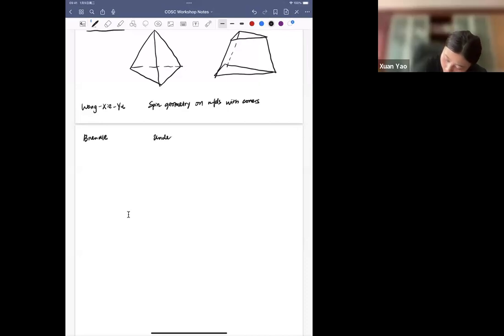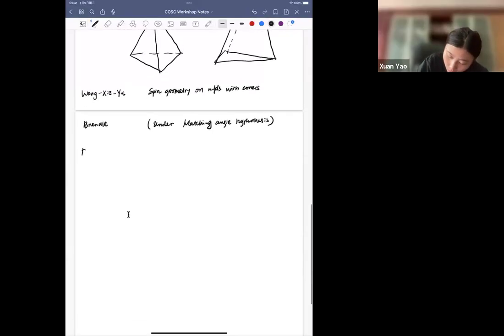Also, Brendle and Wang used spin geometry and another smoothing-out procedure to prove Gromov's conjecture for the acute angle comparison, so basically the angles are all less than or equal to pi over 2.